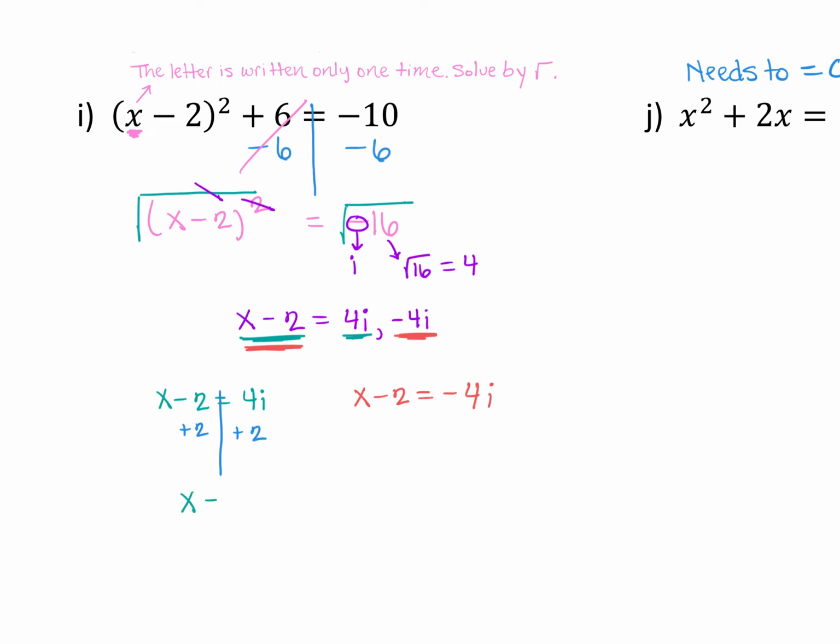That gives us x equals, these are not like terms. You cannot combine them. You have to keep them separate. And so it becomes 2 plus 4i. And solving the orange equation, we add 2 to both sides. And that gives us x equals 2 minus 4i.